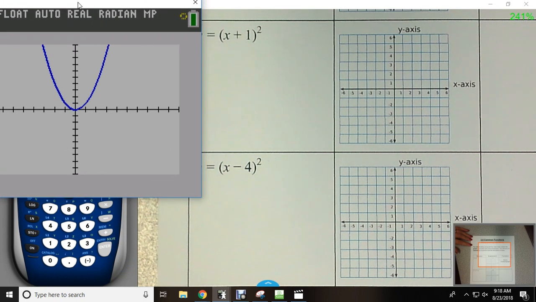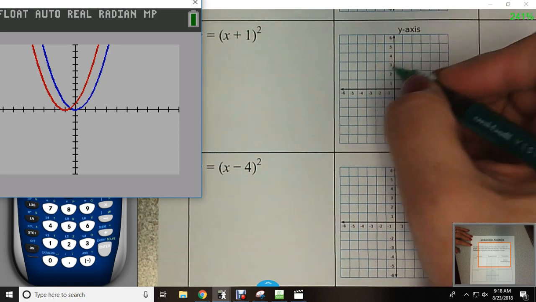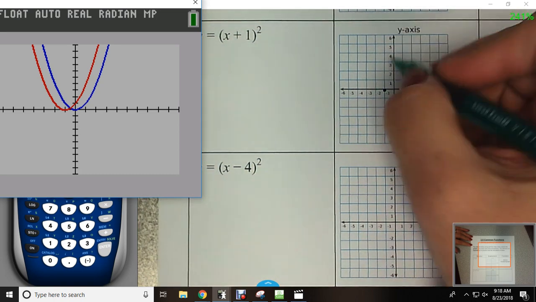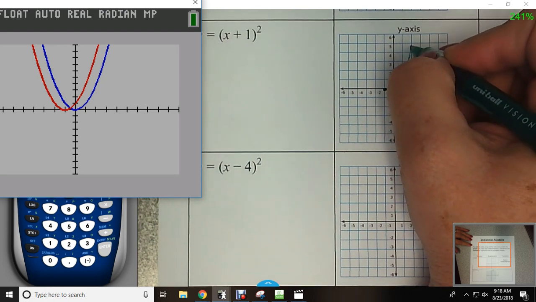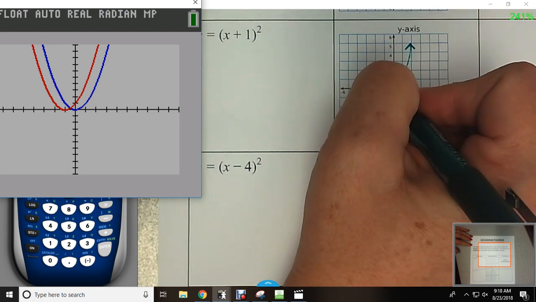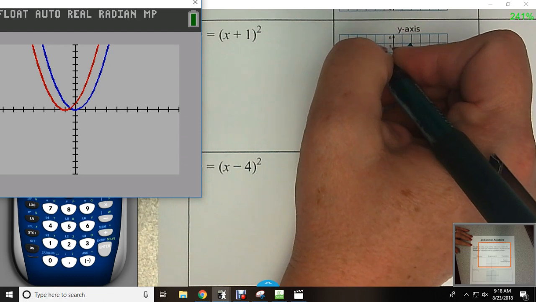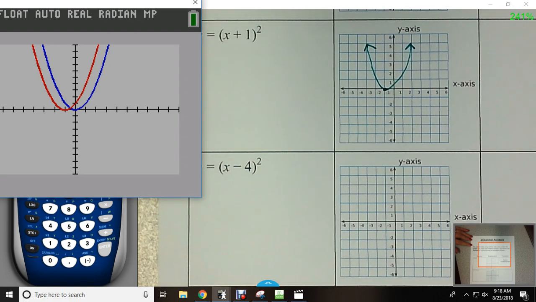So here's my parent function. And what happened to the vertex of that one? It is shifted to the left 1. Here's what it looks like. That vertex has moved here, and it still looks like the same graph, it's just been moved over.